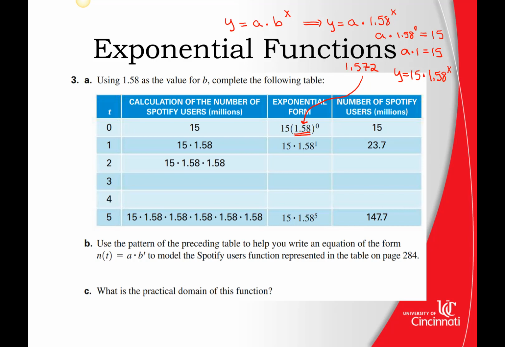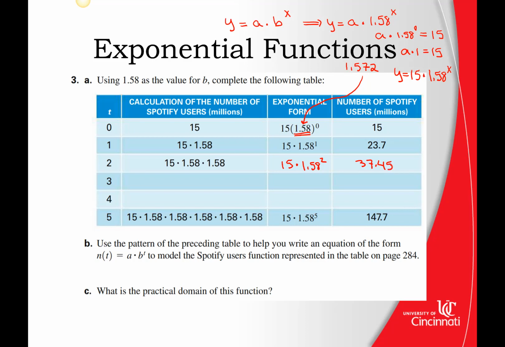For example, in year 2, the model would be 15 times 1.58 squared. And we could work that out on a calculator. 15 times 1.58 squared equals, and here you get 37.45. That's at t equals 2.